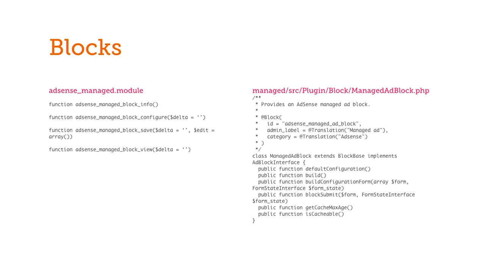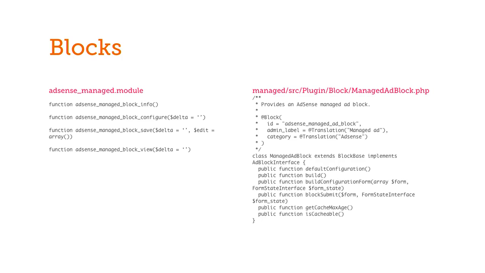In this case, it says that it's a block plugin that has access managed at block ID. That admin label is the title, and then there's a category of the block. And the functions are more or less the same. You have the block submit, which saves your block.